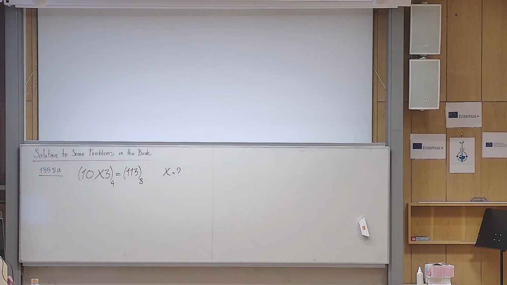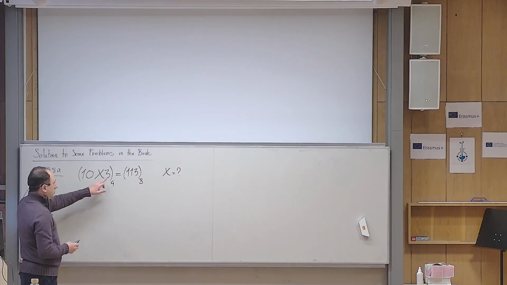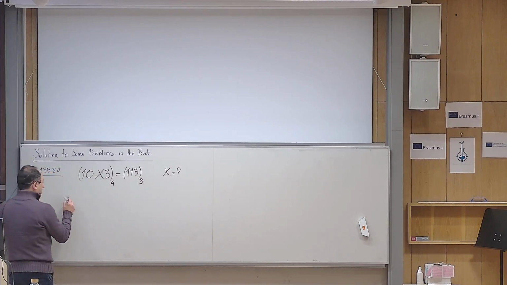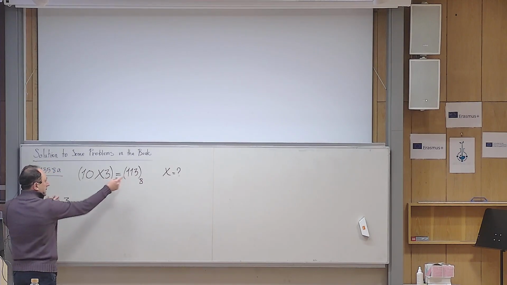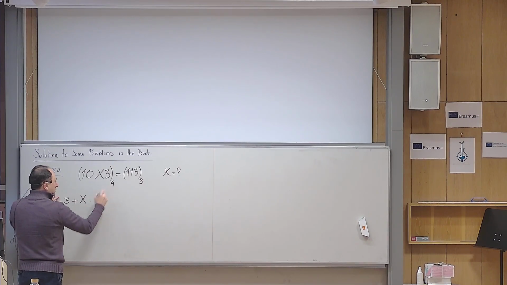This type of question you will probably get in the exam as well. It's a very simple standard question. So what should we do? We have to expand the given number in the given base. I start from the rightmost digit, so I write 3, and then plus x multiplied by the first power of my base.